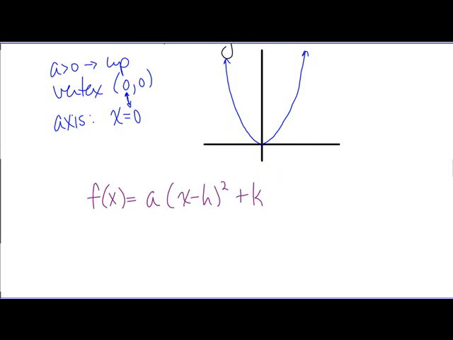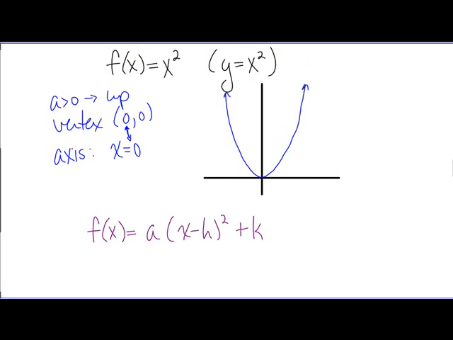If you compare that to f of x equals x squared, the coefficient a here determines what type of vertical stretching and shrinking there's been. And if a is negative, there's also been reflection over the x-axis. Whatever number is taken away from x represents horizontal shift, so shift left and right, and whatever number is added to the entire thing represents vertical shift, so shift up and down.